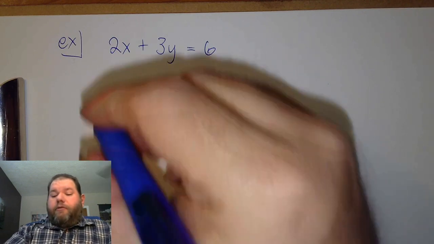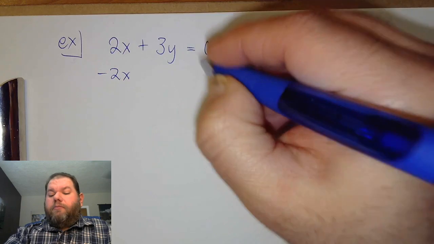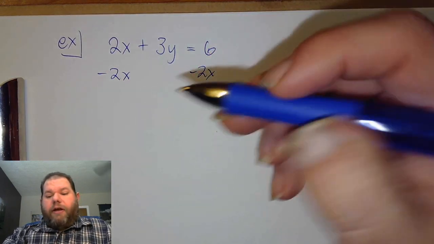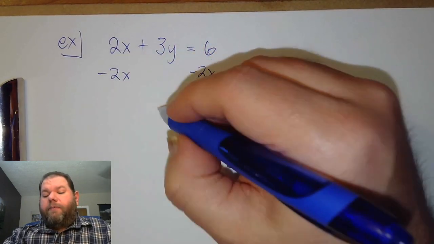Bring the 2x over. And we do that by doing the opposite, so we'll subtract 2x.